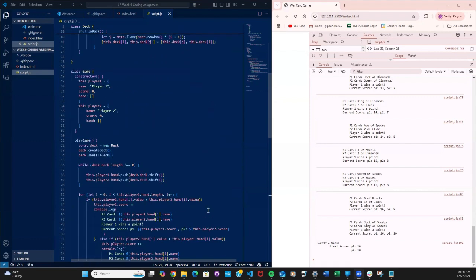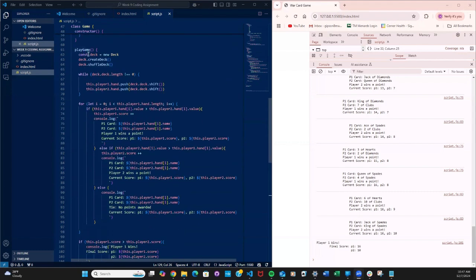And so when we created the game, we did another class, game constructor. So this.players, player one, they have no score. The hand is empty. And then same thing for player two. And then to play the game, we made a constant variable. So a deck would be a new deck.